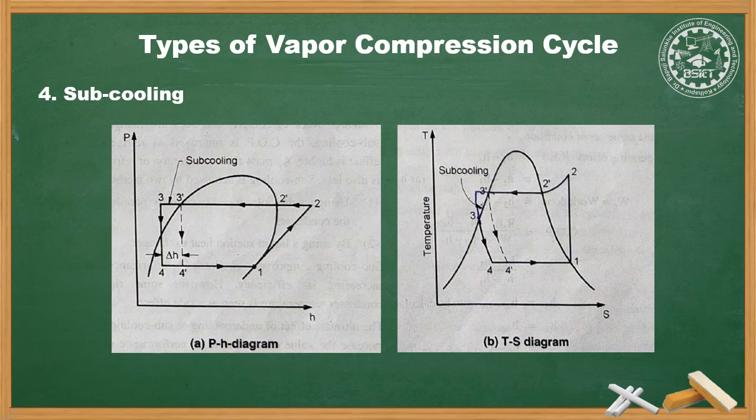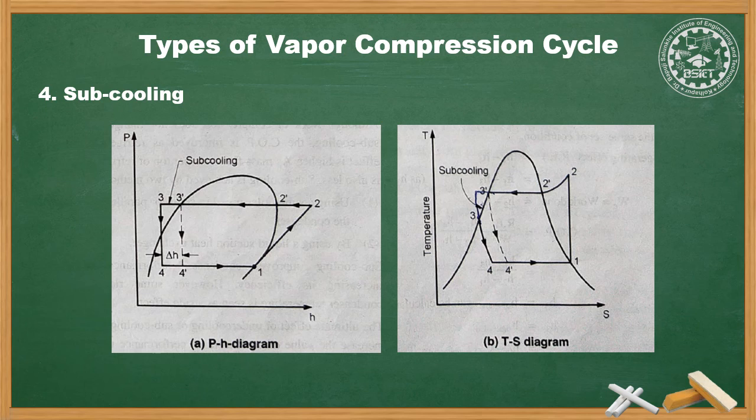It is possible to reduce the temperature of the liquid refrigerant by a few degrees after condensation by installing a subcooler between the condenser and expansion valve. The condensed refrigerant passes through the subcooler, where the cooling water temperature is lower than that used in the condenser. The 3 to 3 dash and 4 to 4 dash is where the subcooling takes place, or where the subcooler is used.